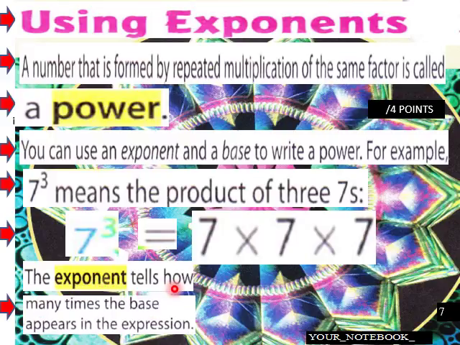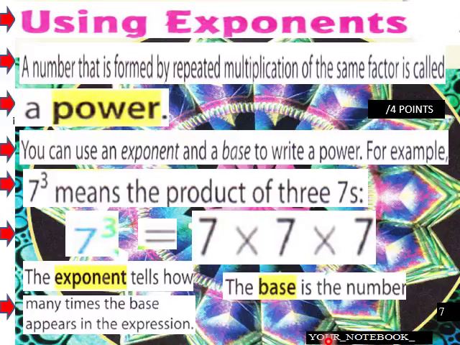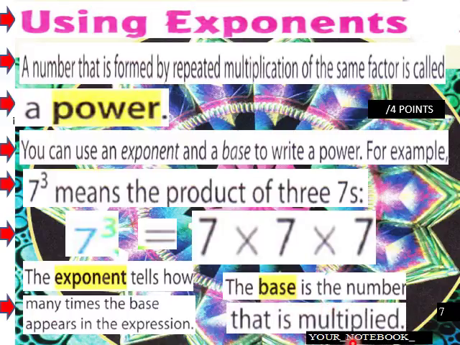The exponent tells how many times the base appears in the expression. It says 3 times, so there's your 3 sevens. The base is the number that is multiplied. This is a very important notebook entry, students. 4 points on the notebook check, which is usually on Friday.